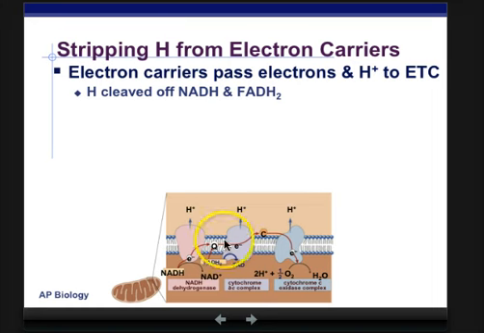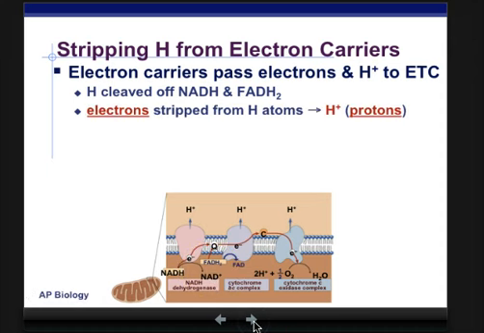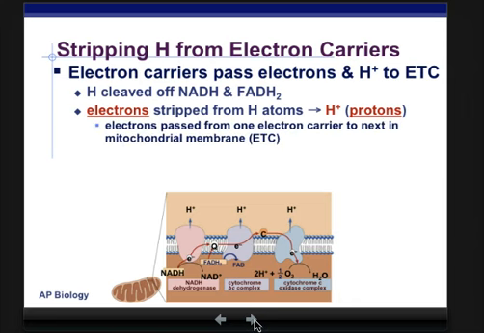We just saw that happening as I was showing you where those electrons were coming from. The electrons are stripped from the hydrogen atoms to give us electrons and protons as 2 different things. Electrons pass from one electron carrier to the next in the mitochondrial membrane, and that's the electron transport chain. So flowing electrons is energy to do work.